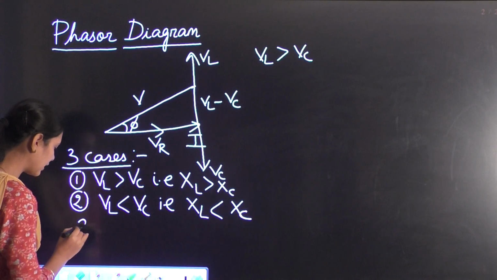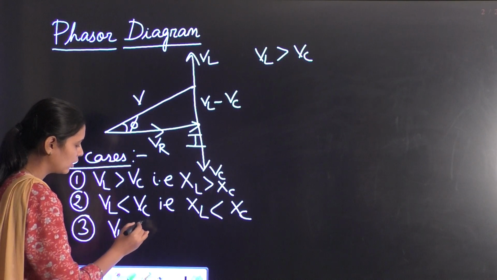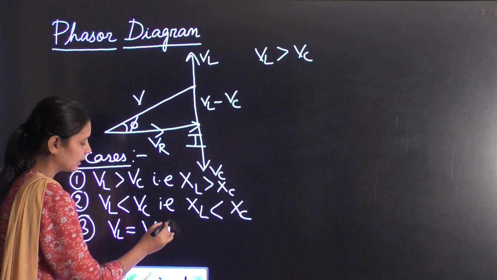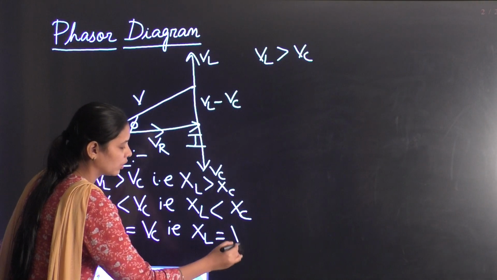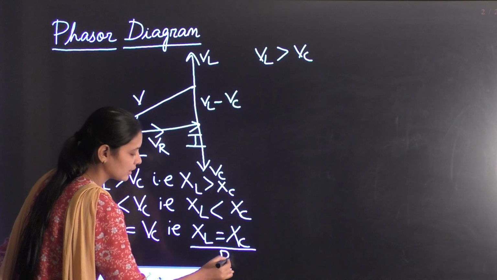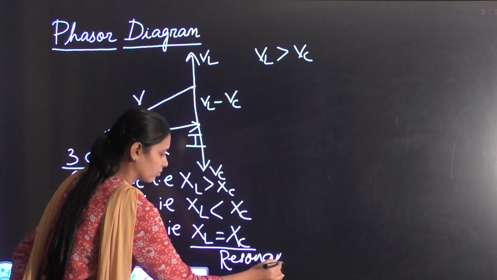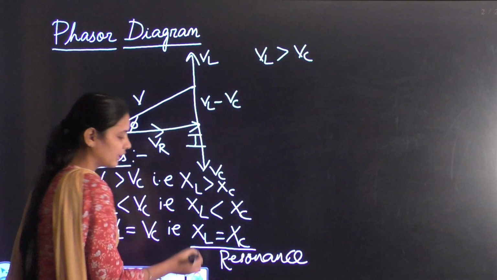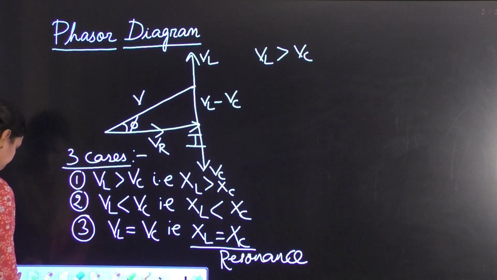And the third case is VL equal to VC. This means that XL will also be equal to XC, and this condition is called the resonance condition.